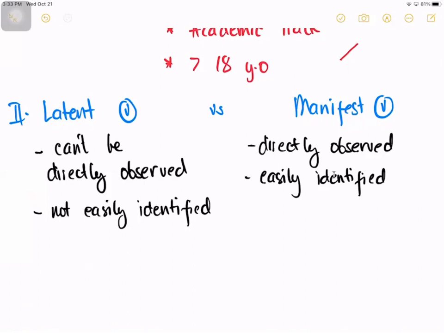We consider them manifest variables because when you see the expression, you automatically get an idea. Oh, he's afraid because his eyes are turning left and right as if scanning the environment, and he looks restless. He keeps moving back and forth. He's not calm. So that's a manifest variable because you can easily see it.